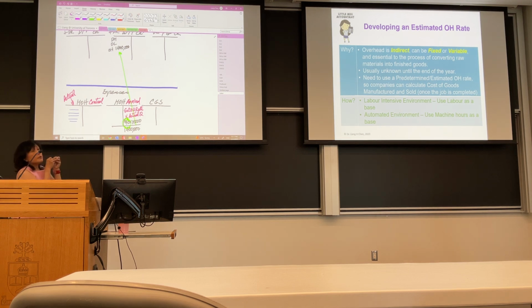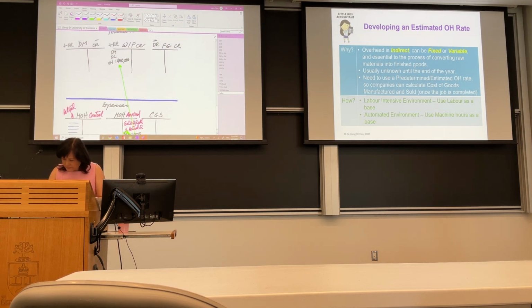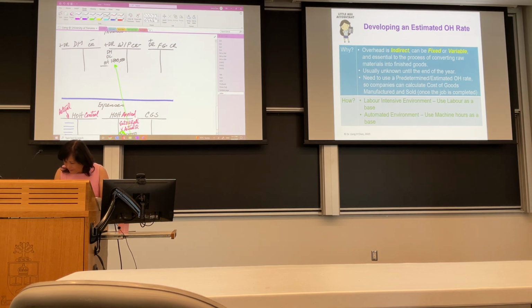So let's take a look at the overhead. Where does the overhead go after we apply this amount over here? You add direct material, direct labor, $1.4 million.